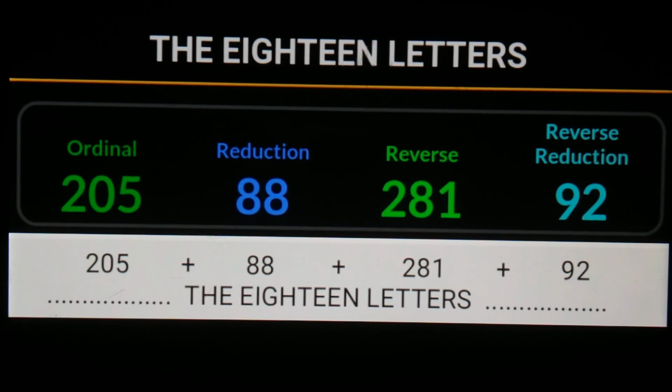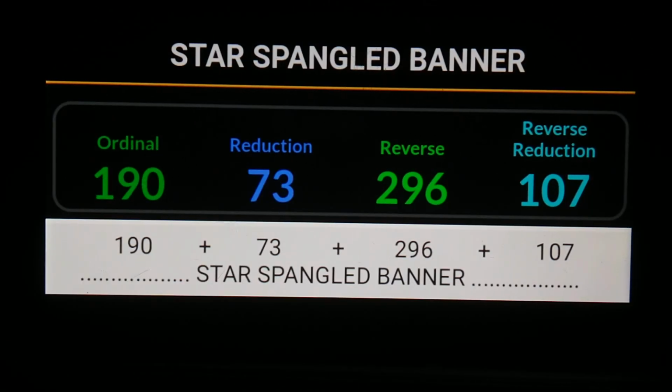And, well, the first time I talked about it, it was about the Star-Spangled Banner. Now, for what it's worth, those words, Star-Spangled Banner, there is a value, 666, in a cipher that's not shown here. But I was teaching someone about gematria, like I said, years ago, probably 2017.